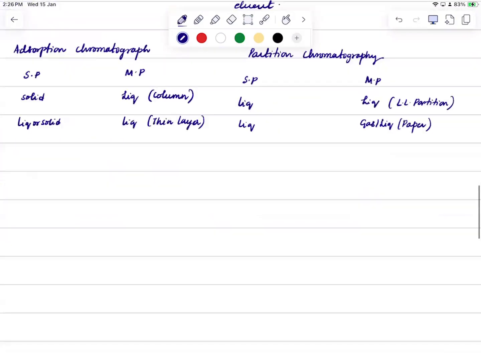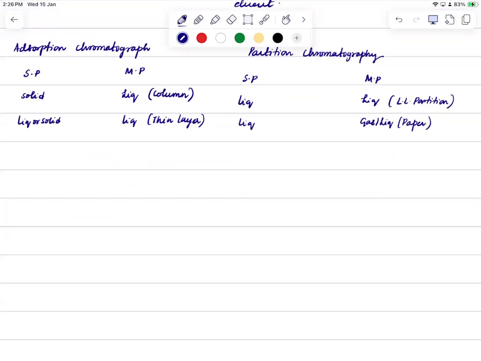Mainly you are supposed to emphasize these four types of chromatographies. Got it? And since in adsorption chromatography, the majority of the time we will be using solids. Liquid is a very rare case, but it is always about solids.